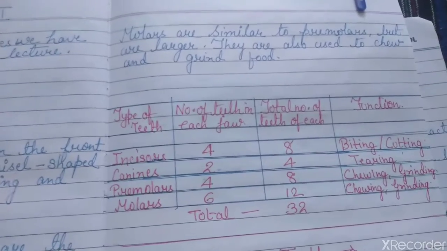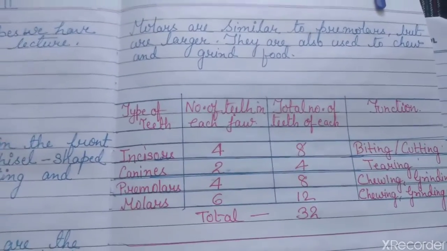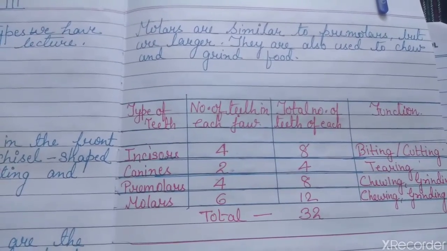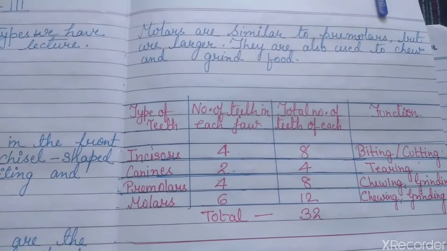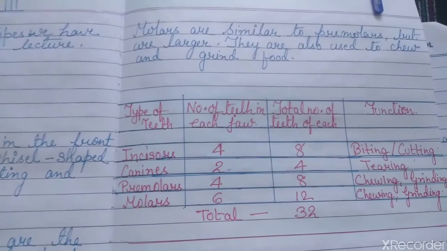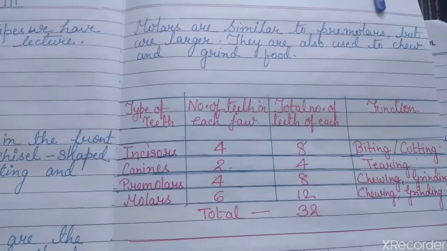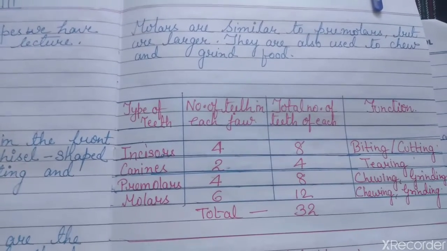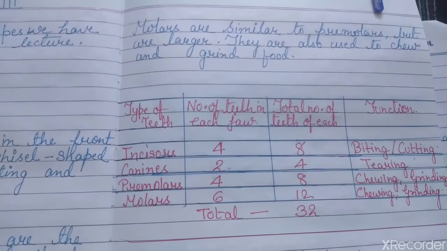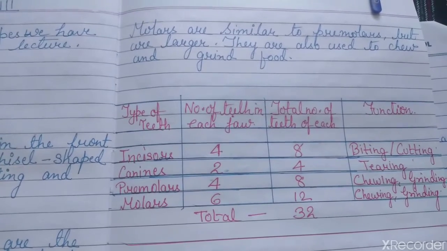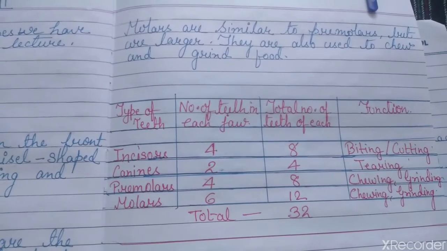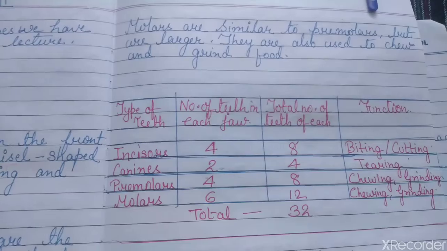Let's see. For incisors, the number of teeth in each jaw is 4 and the total is 8, that is, upper jaw and lower jaw. In both jaws the total number of incisors is 8 and their function is biting and cutting.